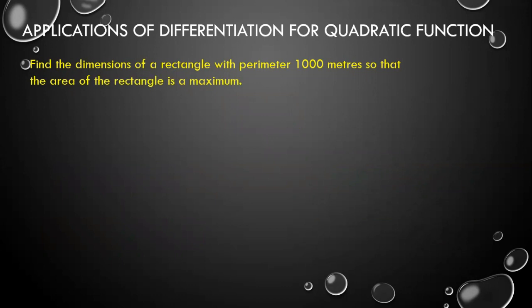Find the dimensions of a rectangle with perimeter 1000 meters so that the area of the rectangle is a maximum. This is the solution, everyone.